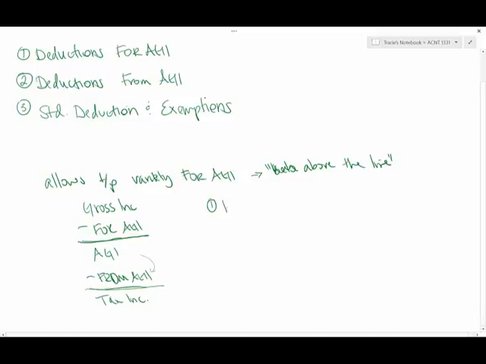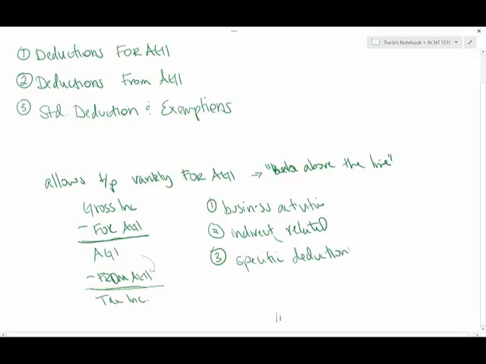These are deductions that are directly related to business activities, deductions that are indirectly related to business activities, and then also specific deductions that are personal in nature that the IRS has characterized as being allowed to be taken on the tax return.